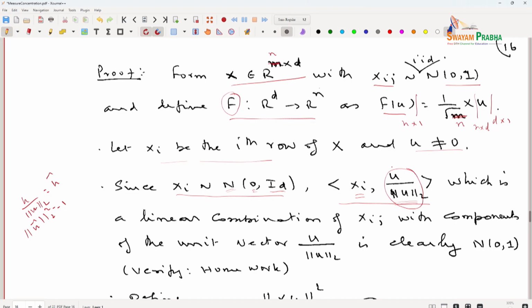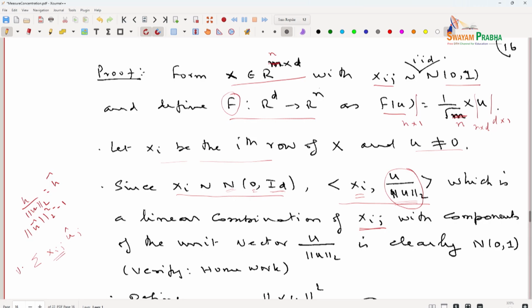And we already know every one of the elements of the row vector Xij is a unit normal random variable. Therefore, the elements of this inner product look like Xij times U bar j. So this is a linear combination, and you all remember the Xij's are independent.